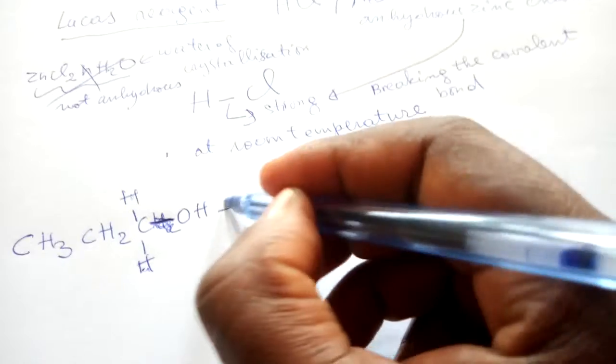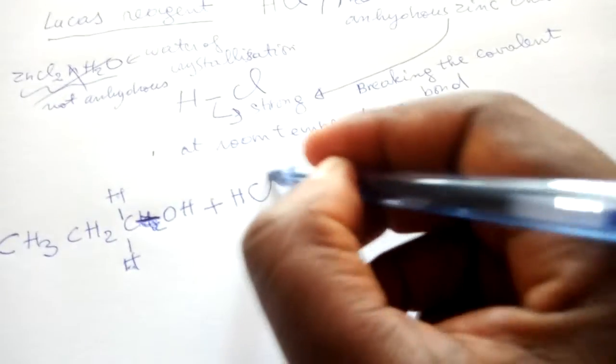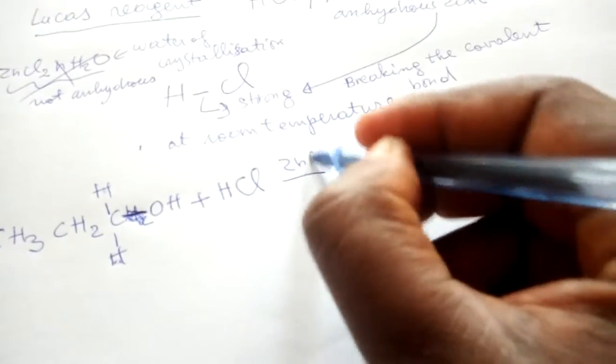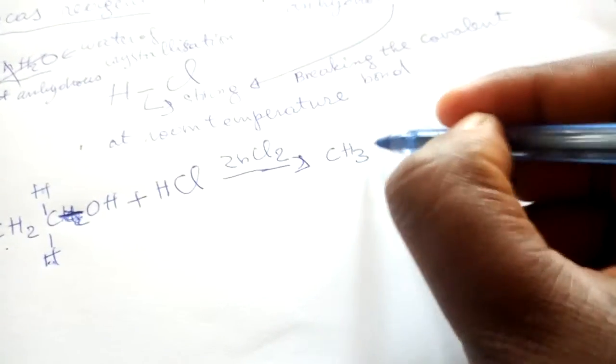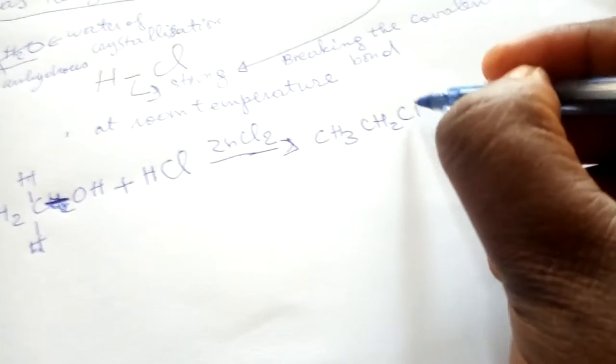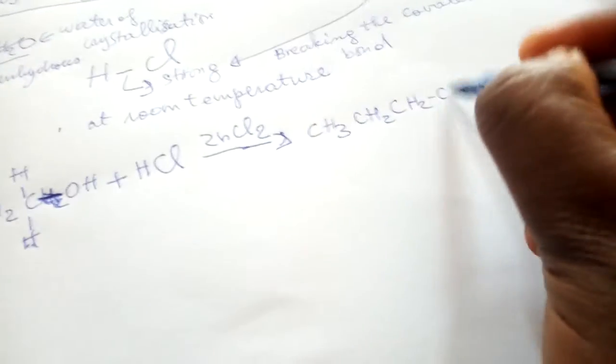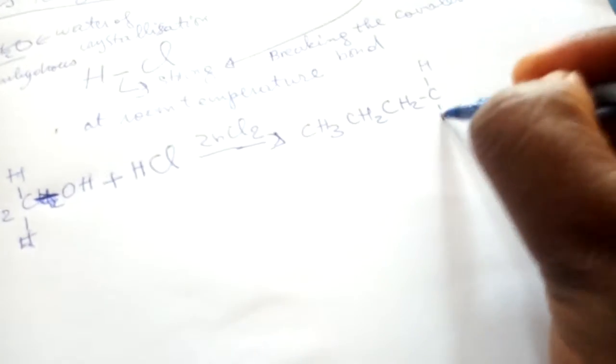At that moment, when we add hydrochloric acid in the presence of anhydrous zinc chloride, the bond is broken with difficulty, and the amount of alkyl halide produced is not enough.